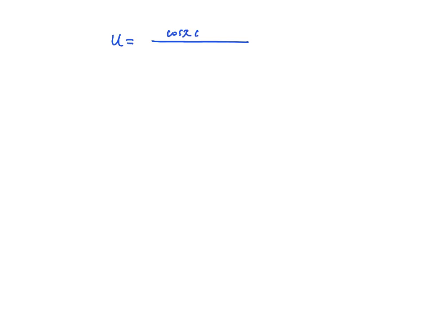Cosine x cosine hyperbolic y over cosine square x plus sine hyperbolic square y, right? Now partial y of u.